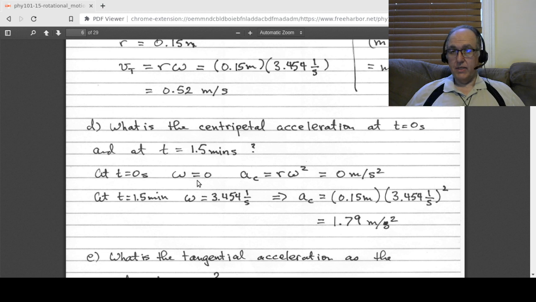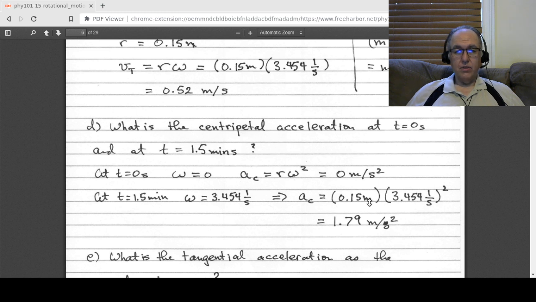Well, at t equals 0, omega is 0, because it's just starting to spin up, and so it's not spinning yet. If you do AC equals r omega squared, that just gives you 0 meters per second squared. At 1.5 minutes, after the thing is spun up to the 33 RPM, omega is equal to 3.454 per second, and you plug that into r omega squared.